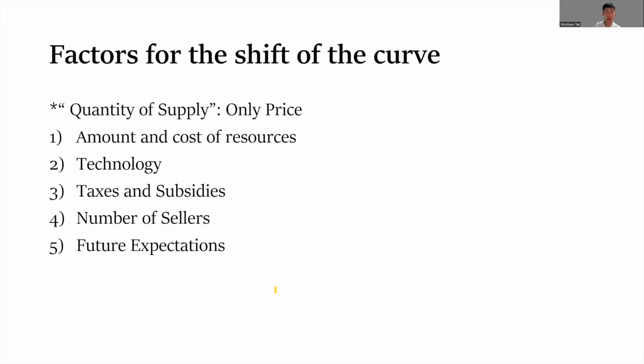Then what are the determinants for the shift of the supply curve? To be reminded, the quantity supplied is only changed by a change in price. So the first factor that shifts the supply curve itself is the amount and cost of resources.